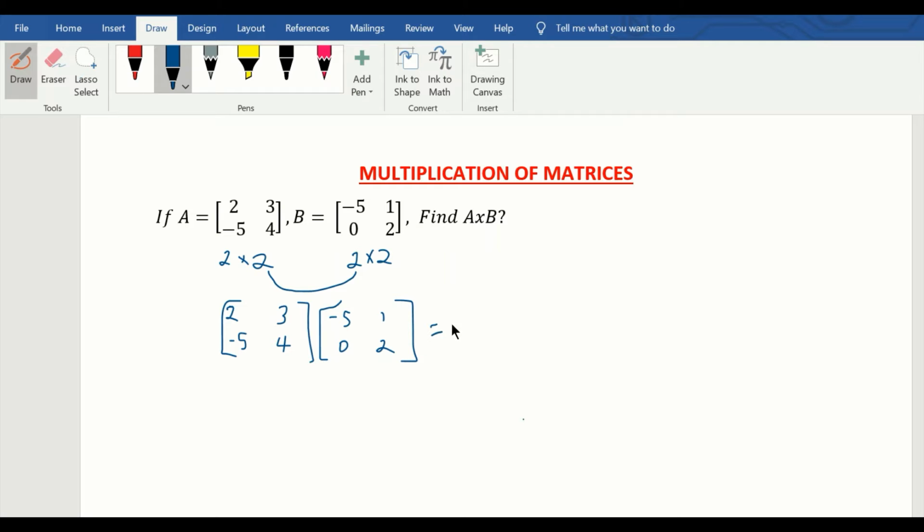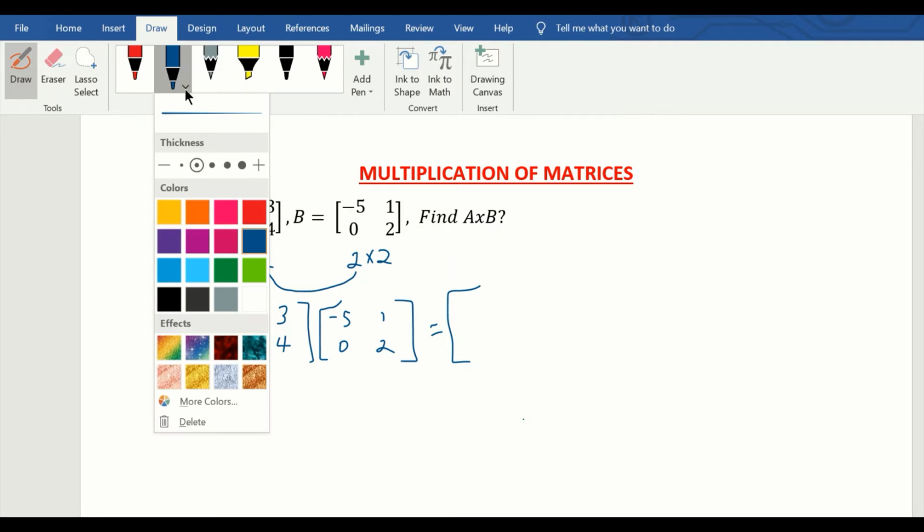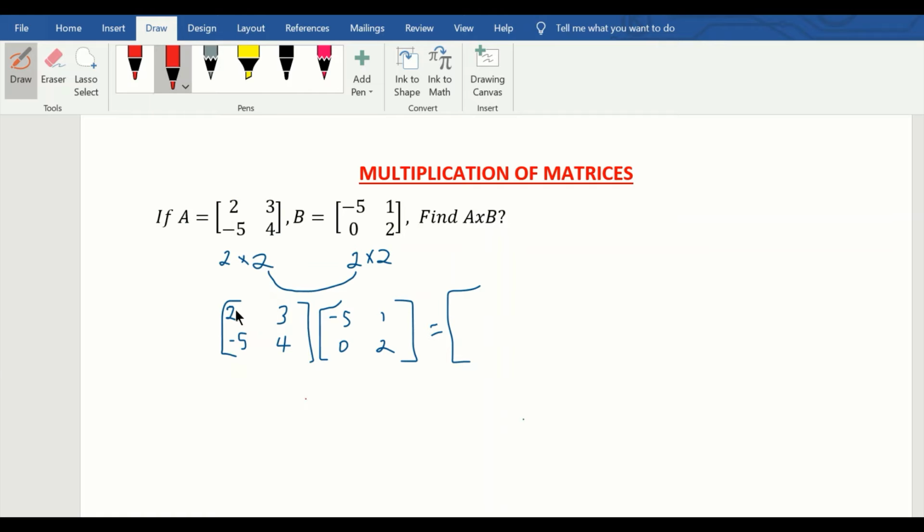To multiply a matrix, we have to multiply matching numbers, just as you use the dot product. For example, the row is multiplied by the column of the other matrix.